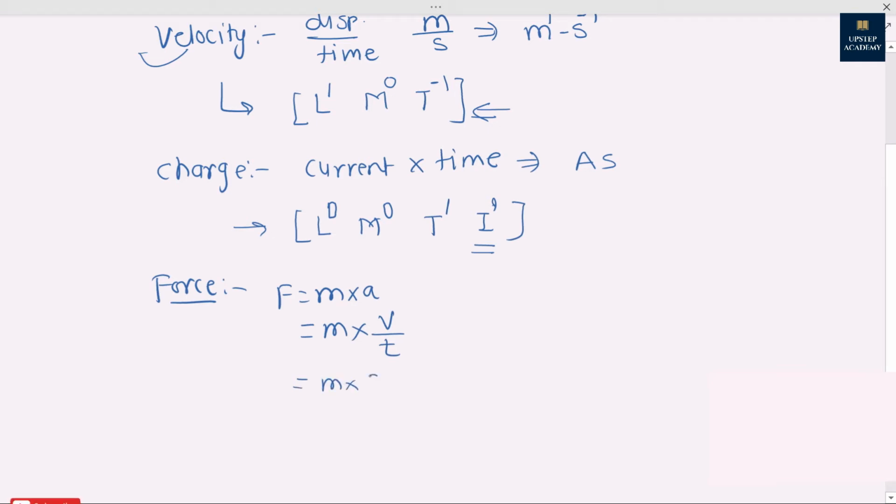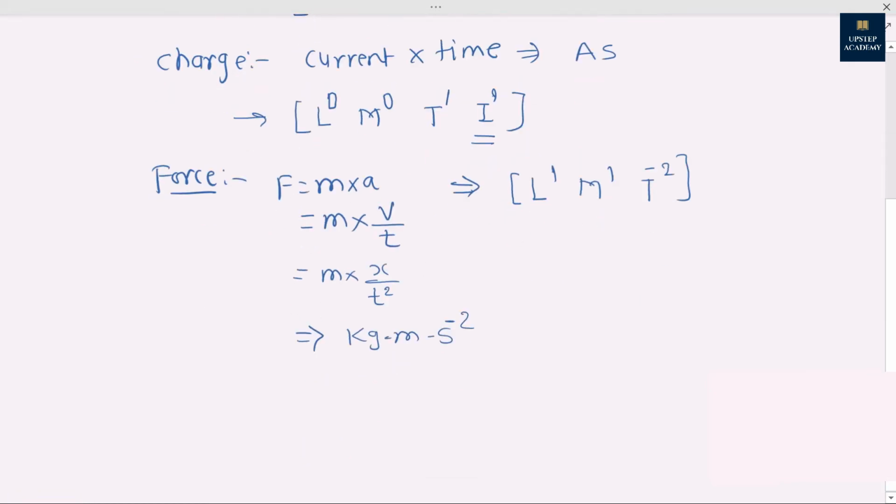Velocity is displacement upon time, so time square will come over here, and simply its unit will become kg meter second raised to minus 2. So what will be the dimensions of force? Dimensions of force will become L raised to 1, M raised to 1 and T raised to minus 2. In this way we can find out dimensions of any physical quantity. I hope guys this is clear to you. Now let's go ahead.